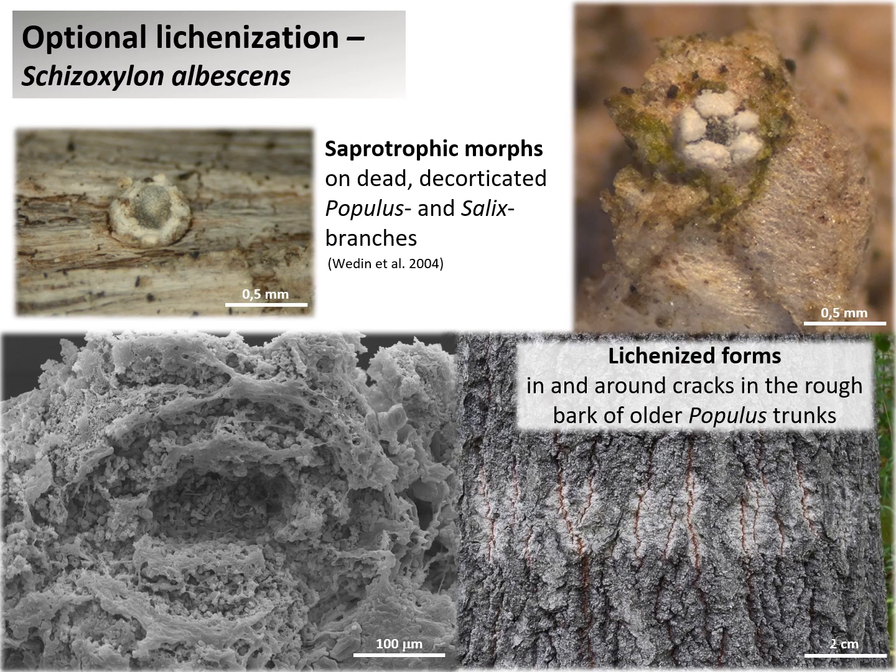This happens in a fungus that can optionally lichenize, and it became a model more than 15 years ago. It was discovered by Mats Wedin, and it was then the focus of our research because the fungus can grow as a saprotroph on dead wood or in a lichenized, lichen-like form on bark.